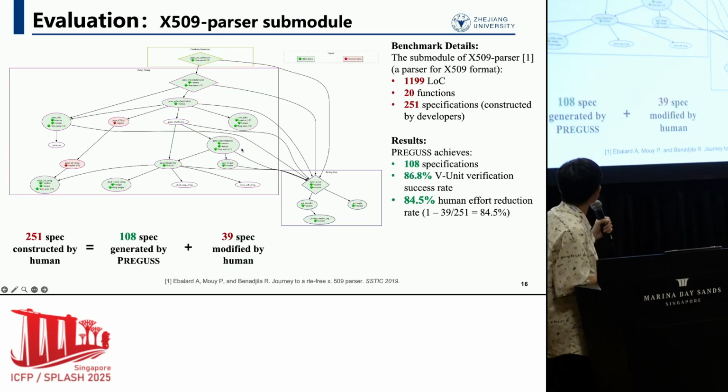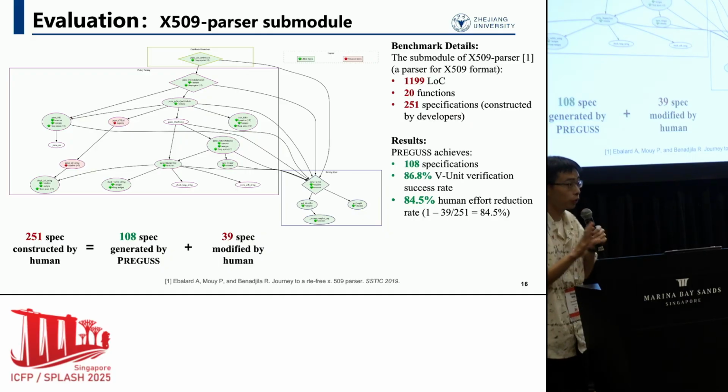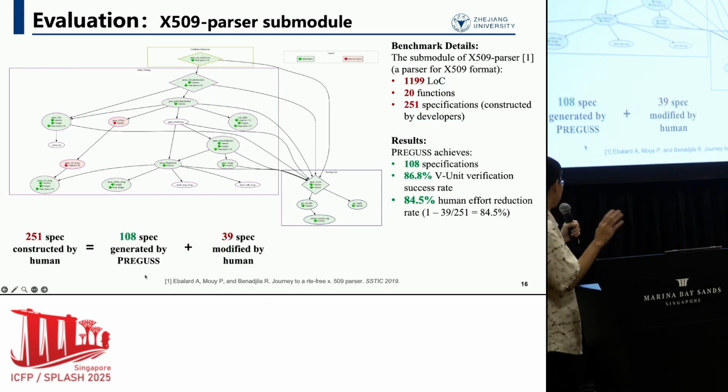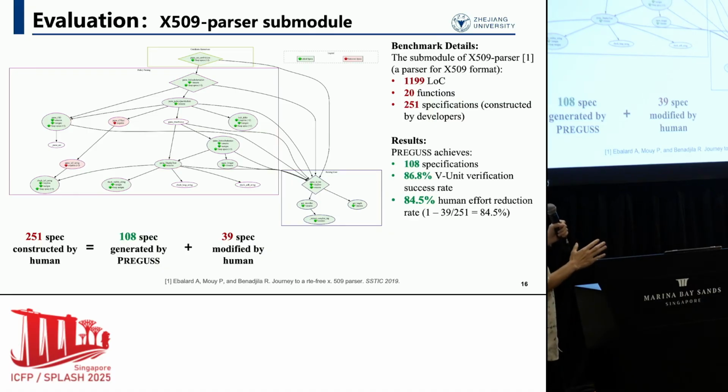You see, like this X509 parser, the developer wrote 200 specs to guarantee it's free of RTE. And Preguss generated 100 specs, and based on these 100 specs, we found that we only need to modify 39.